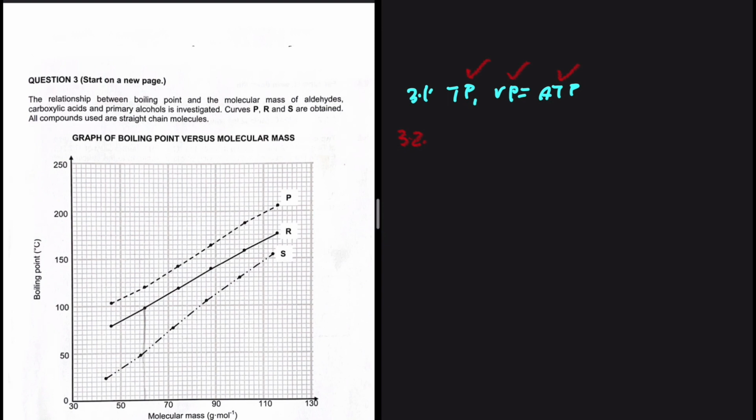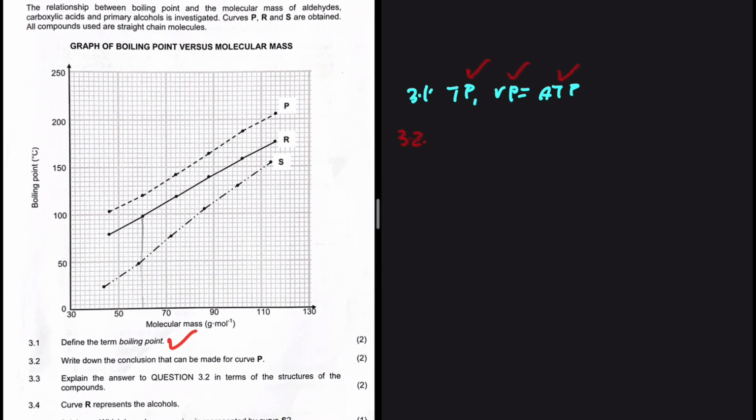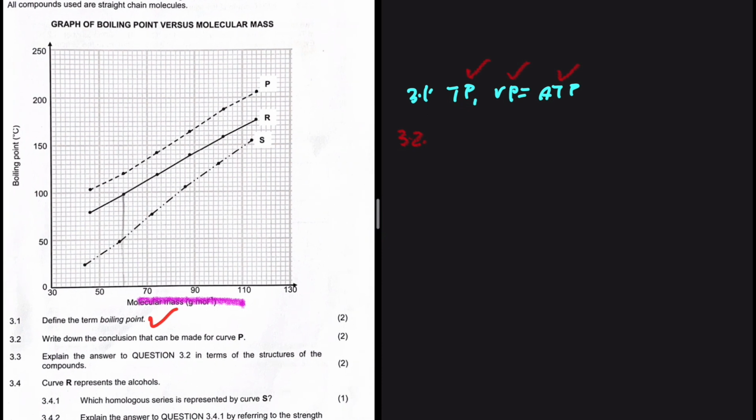Curves P, R, and S are obtained. All compounds used are straight chain molecules. And then write down the conclusion that can be made for curve P. As we can clearly see, as the molecular mass increases, the boiling point is increasing. So that is the conclusion we can make for curve P.